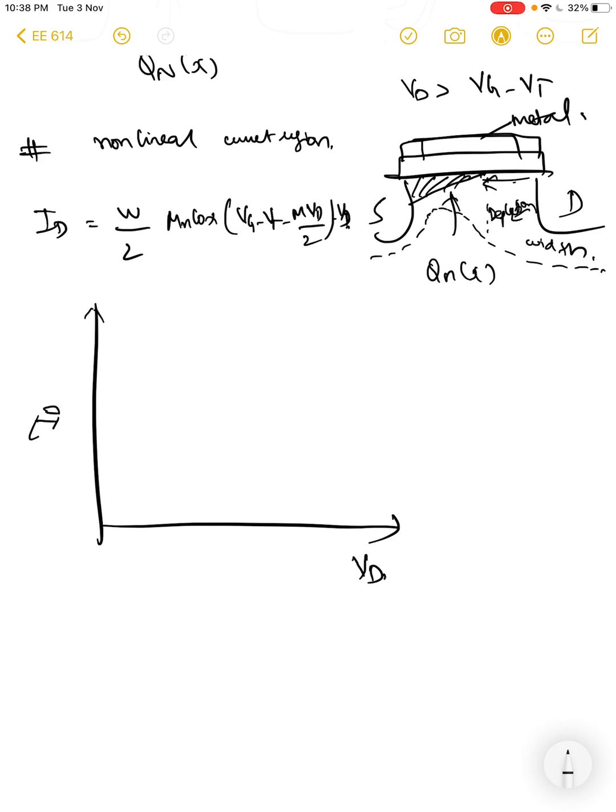So if I draw the entire thing, this is ID written in the form of W mu n Cox by L, something like this for very low gate bias.